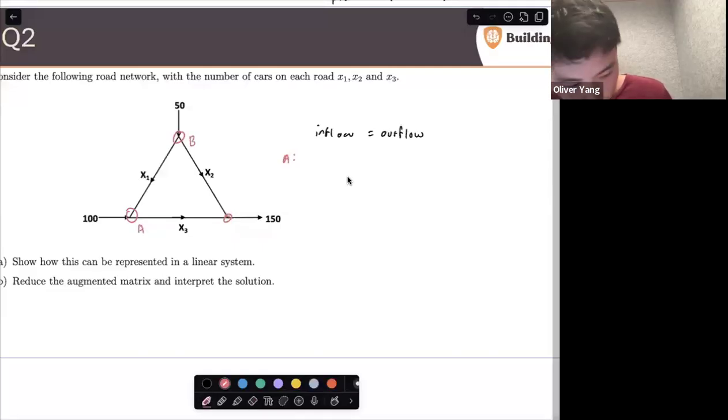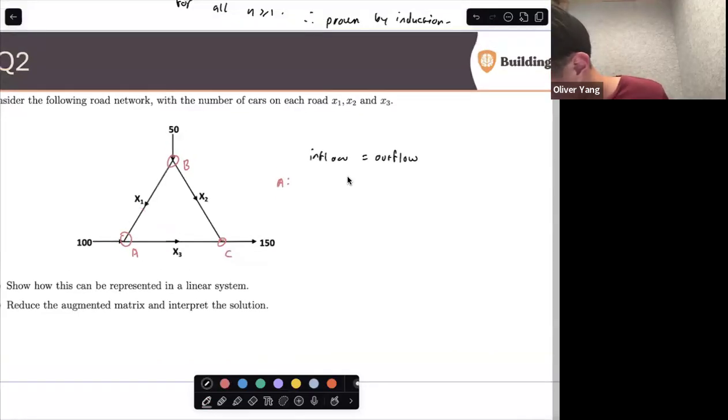So at point A here, we've got the 100 going in to that point. We've also got x1 going to that point, but the outflow is x3. At point B, we've got 50, which is the inflow, and then x1 plus x2, right?